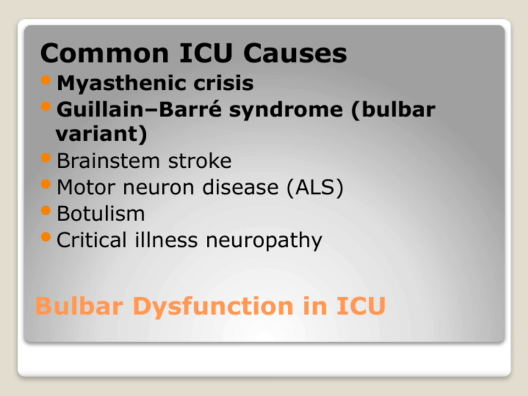Then there's botulism, a toxin-mediated paralysis that can rapidly impair cranial nerve function, presenting with bulbar weakness that can be severe but potentially reversible with appropriate antitoxin and supportive care. Critical illness neuropathy is also a key factor. This is a diffuse nerve dysfunction that occurs in ICU patients, often as a complication of severe illness or sepsis, leading to weakness including bulbar muscles.